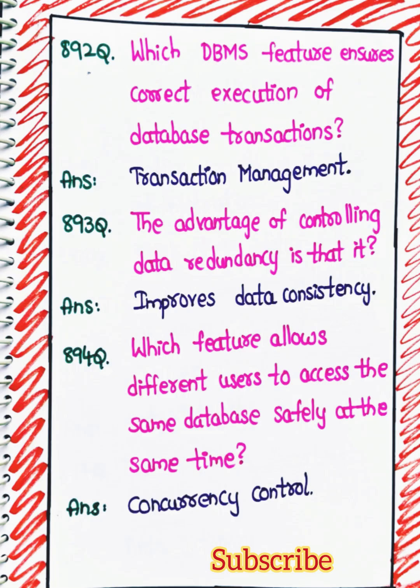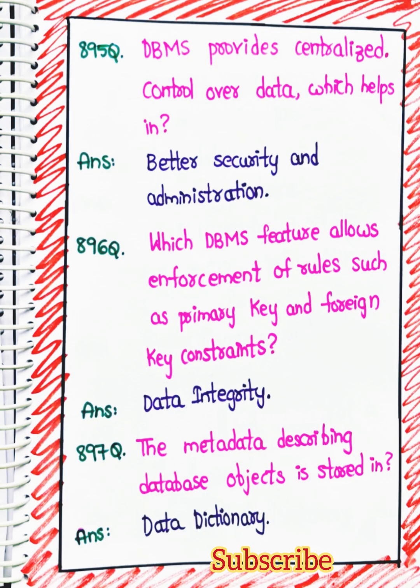The advantage of controlling data redundancy is that it improves data consistency. Which feature allows different users to access the same database safely at the same point? Concurrency control. Next question, DBMS provides centralized control over data, which helps in better security and administration.